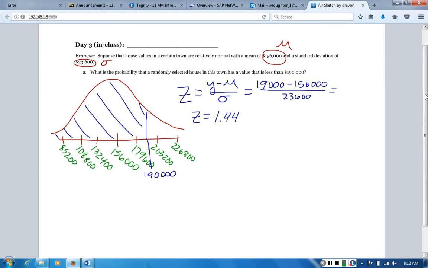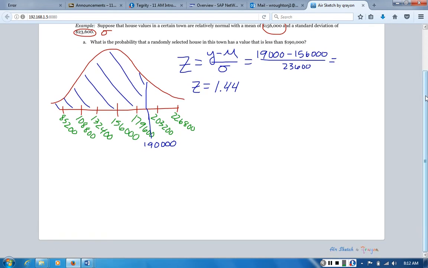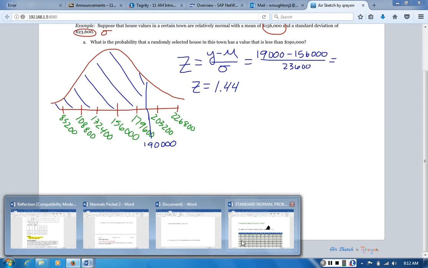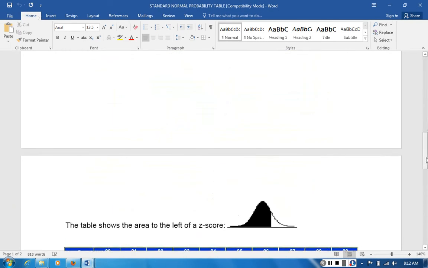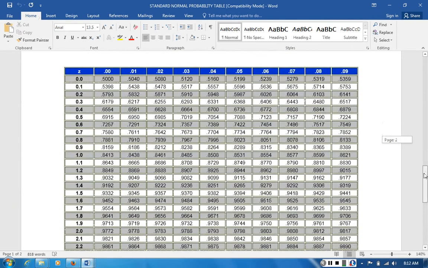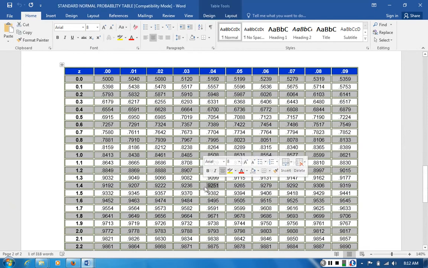That's actually the next thing we're doing. We're going to pull up our table and look up that z of 1.44. Here's the negative side of the z table, going to the positive side here. Going to that 1.4 row and that 0.04 column, and finding where that lines up gets me 0.9251.